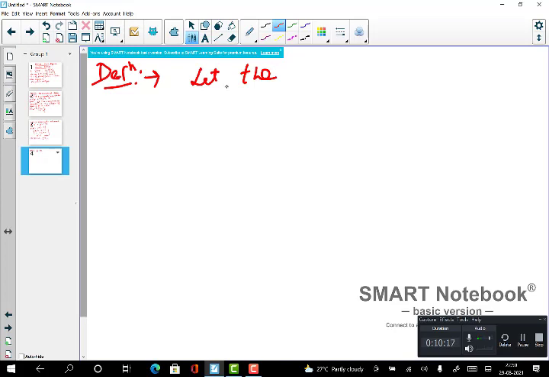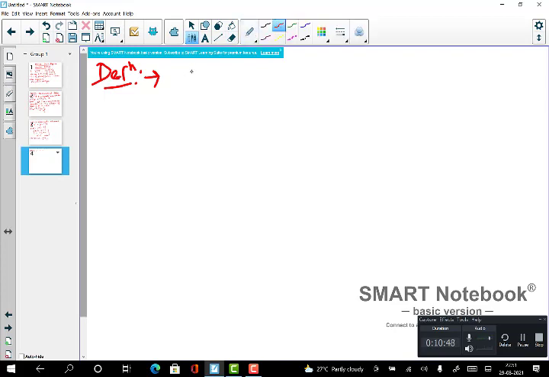So I don't know whether this is diagonalizable or not. Let me write it the other way, that will be easier to understand. So you start with the eigenvalues.